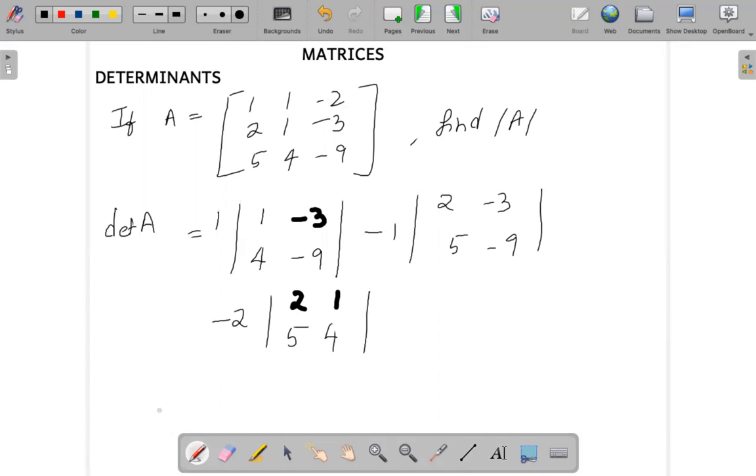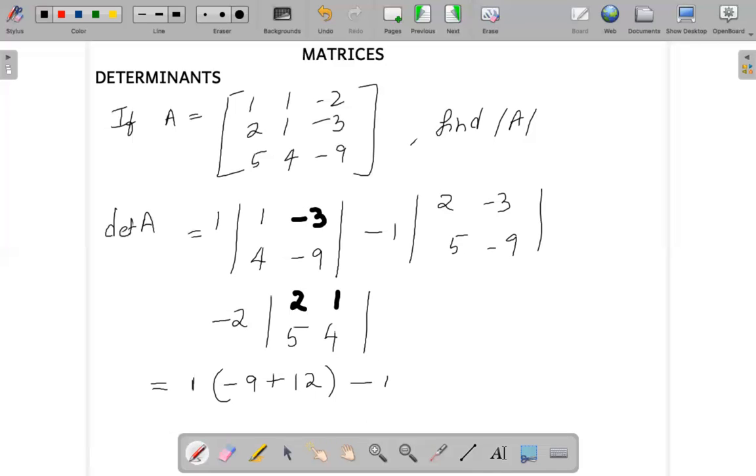So let us simplify this further. This is 1 multiplied into minus 9 and plus 12. See, 3 multiplied into 4 is 12, but minus of minus plus.